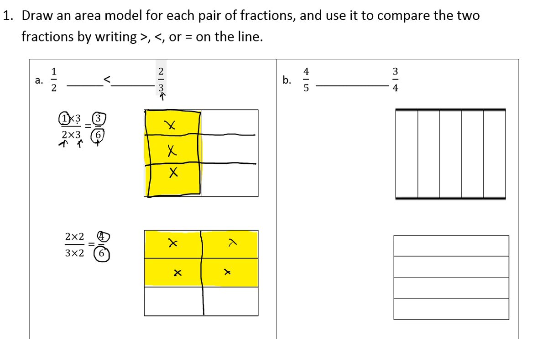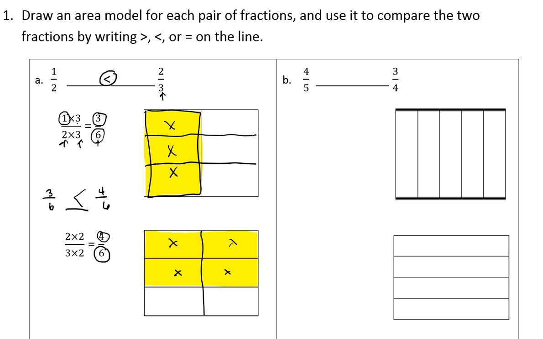So now the fractions we're comparing are 3/6 and 4/6. Well, it's easy to compare them since they're both sixths and I have 4 in one model and 3 in the other. The 4/6 has to be greater. And that proves to me that 1/2 is less than 2/3, or 2/3 is greater than 1/2.